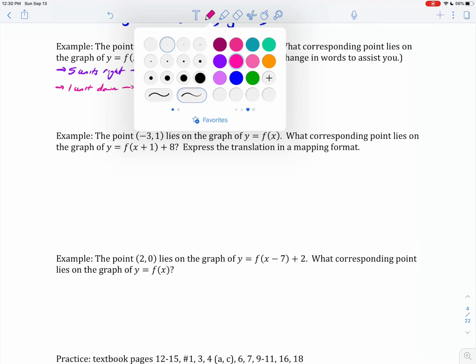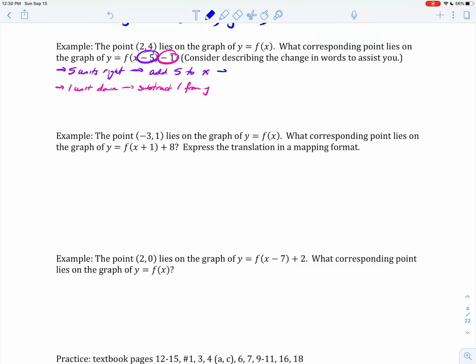That means that a value of 2, that was our original x value, well, we're adding 5, it turns into 7. And this value of y, which was 4, we had to subtract 1, so that became 3. So the new point is 7, 3. Because we added 5 to x, we subtracted 1 from y.